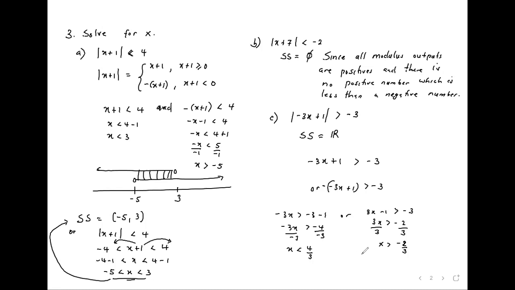And then if you get the union, it won't even make sense, because our solution now should be: this guy is saying from -infinity up to 4 over 3. Union, the other one is saying from -2 over 3 up to infinity.